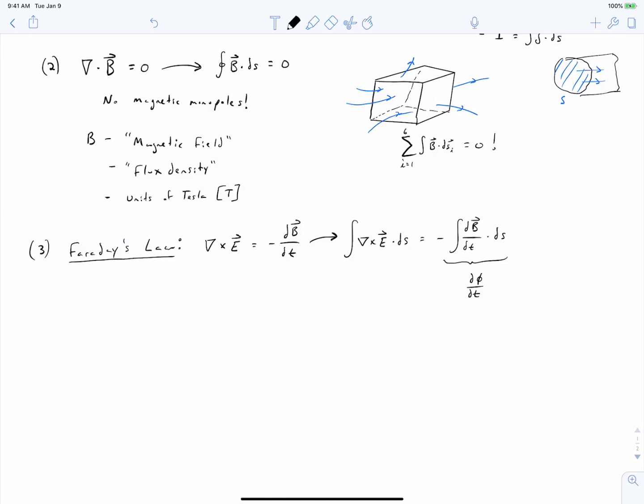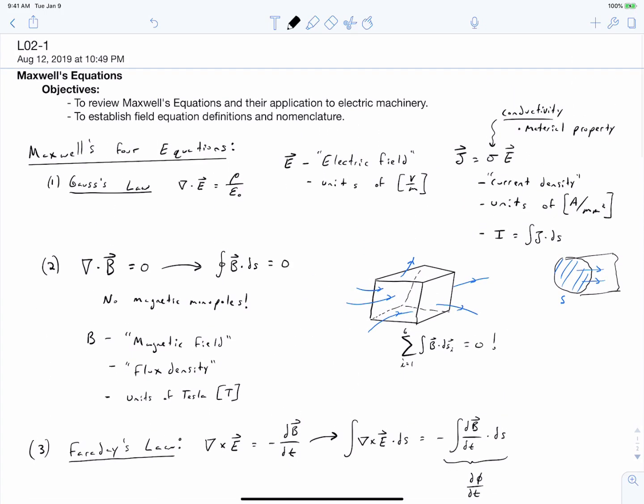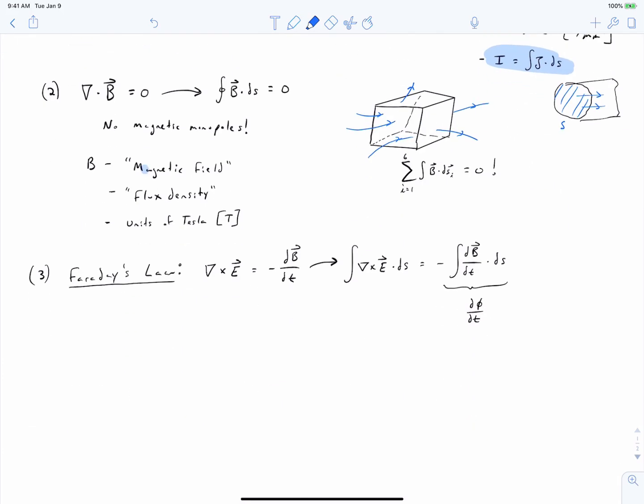Let's talk about what that means. Earlier, we had described how current density can be integrated to become a total current. Well, magnetic field is oftentimes referred to as a flux density because we can integrate it to talk about a quantity that we refer to as flux, magnetic field flux.